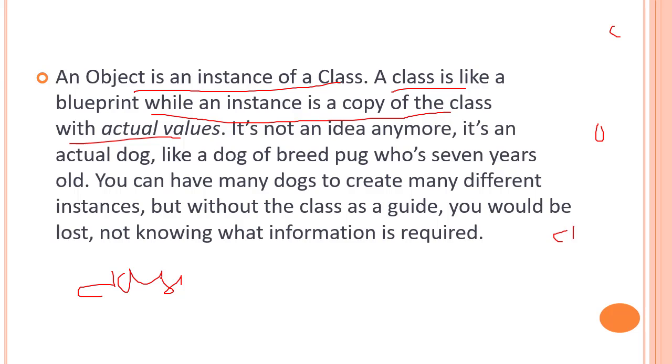They have 5 subjects: computer, physics, chemistry, maths, or some other subjects. So that's the blueprint of the class, and you guys are the objects who are pursuing those particular courses, studying those particular subjects. So you guys are the real class entity. You're the instance of a class, and the class is just a blueprint which tells us how the flow looks like.